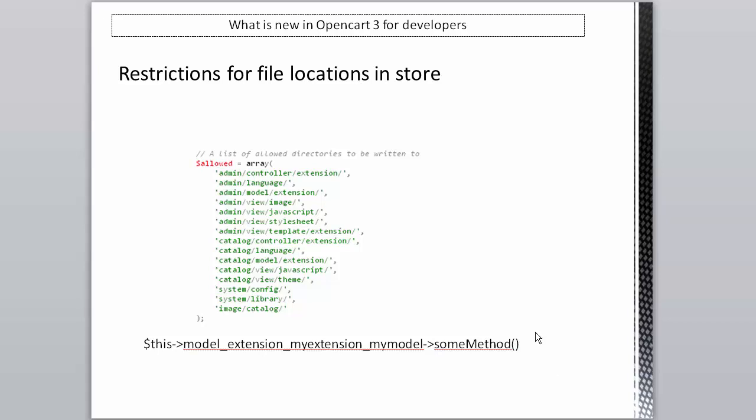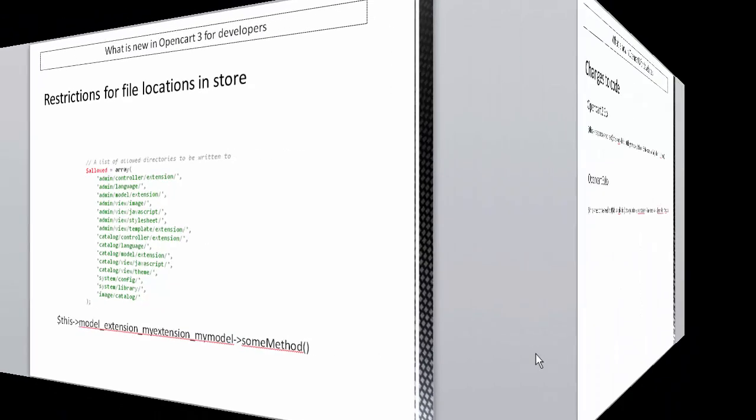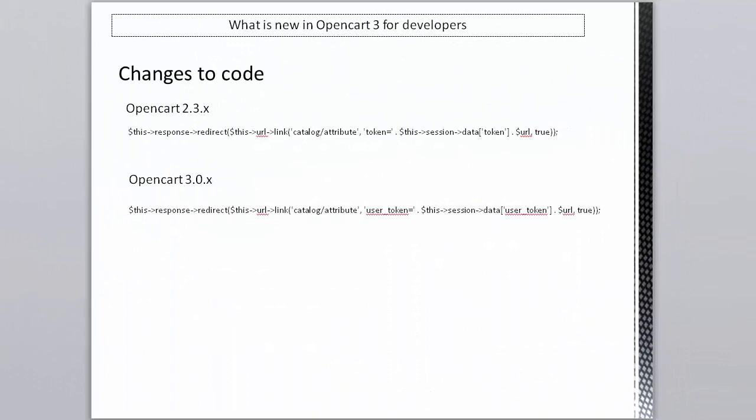Maybe newer versions of Opencart will use namespaces. It's quite an obvious thing, but at the present time there is no namespace and all code works under the same global namespace. The next change I noticed is changing the token to user token.